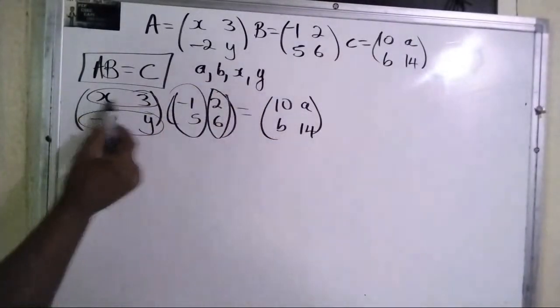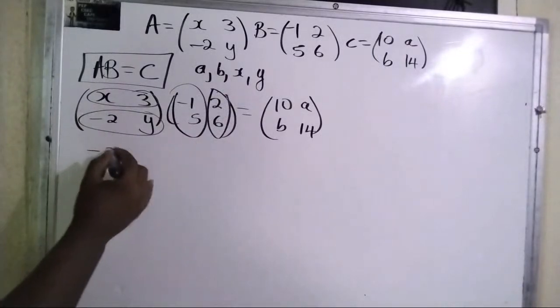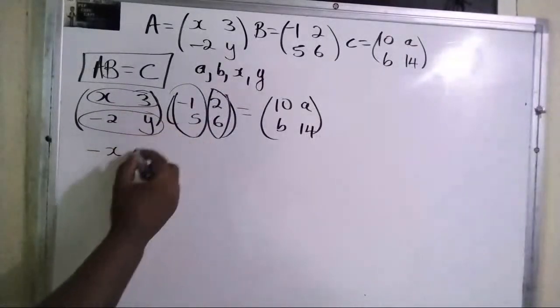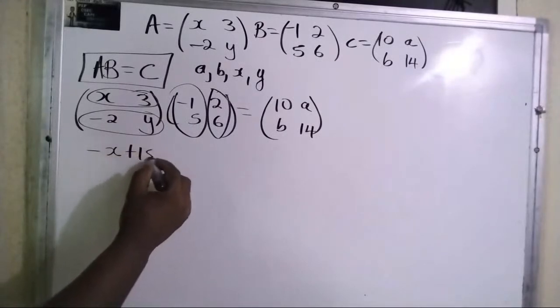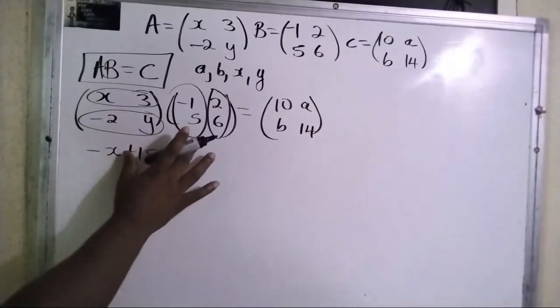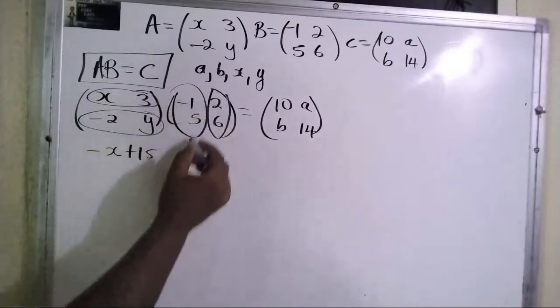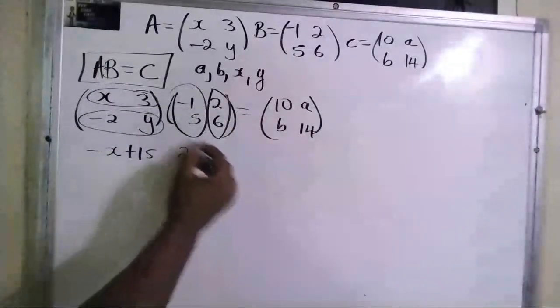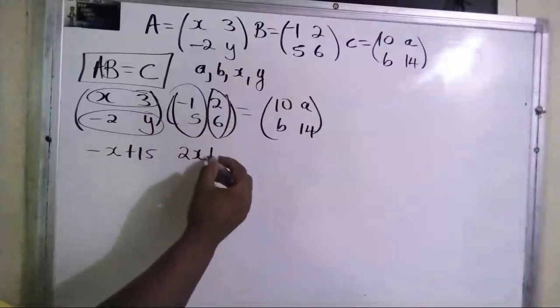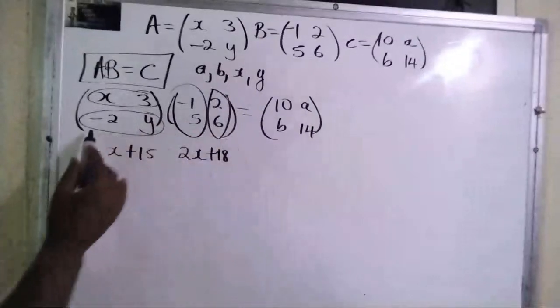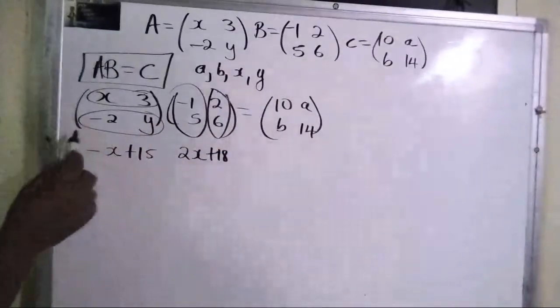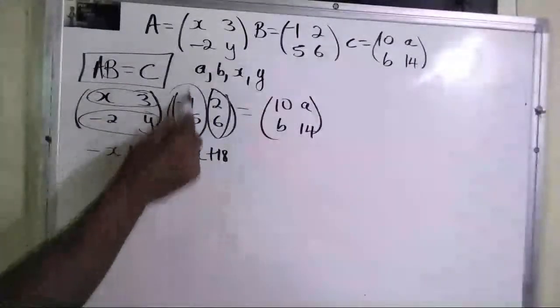Alright, let's go. So x times negative 1 will give us negative x. 3 times 5 will give us 15. Done with row 1, column 1. Row 1, column 2. x times 2, 2x. 3 times 6, 18. Done with that one now. On to row 2. So it's negative 2 and y times this.